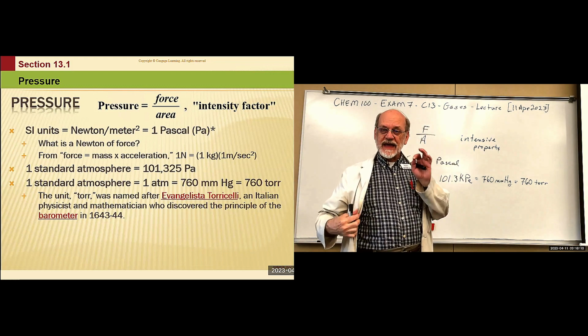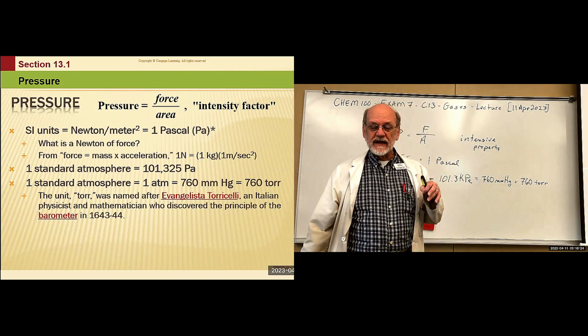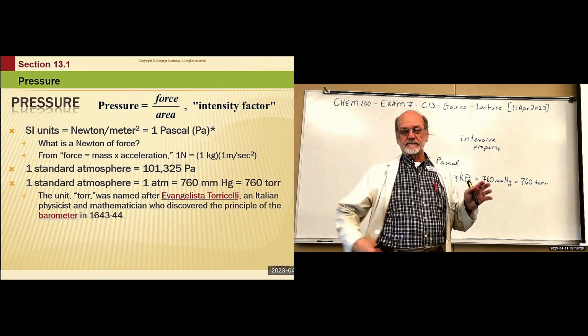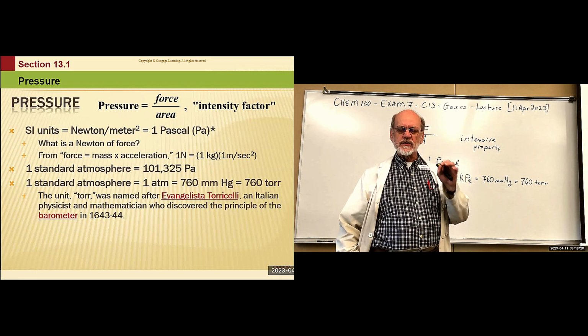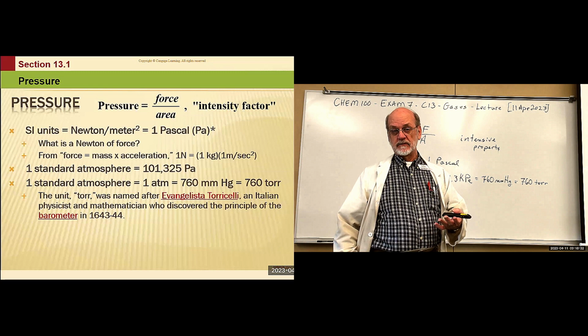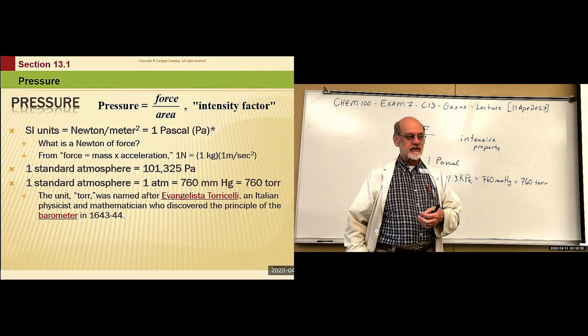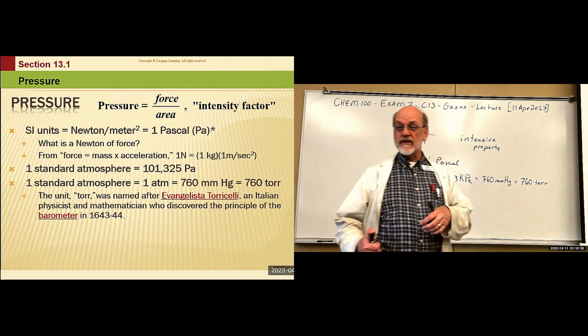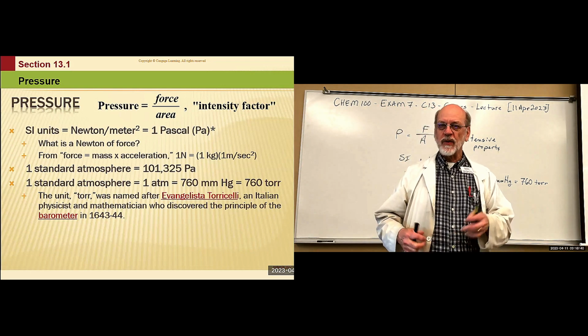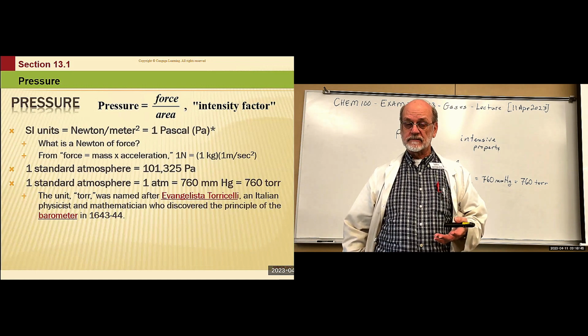That came from an invention by Evangelista Torricelli in the middle 17th century. And it was a way of measuring air pressure. We now call it the barometer. And any pressure that's given to you by the weather person will be barometric pressure.